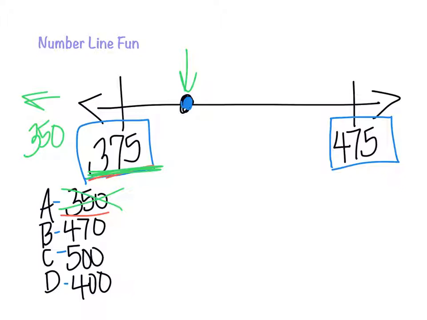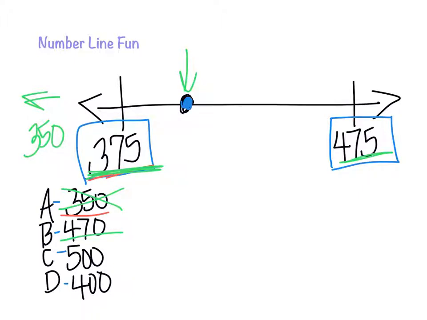Now, let's go to the next problem. The next answer choice says 470. Okay, I see 375, then there's my dot, and my end number is 475. Now, 470, is that less than or greater than 475?